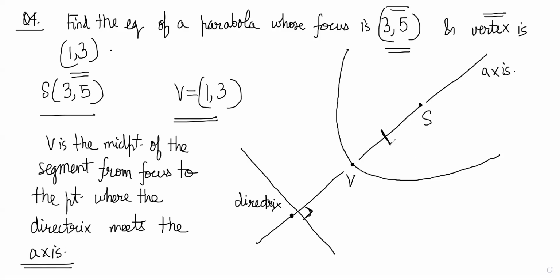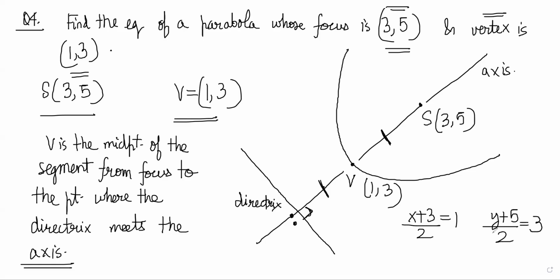We have seen this before, that this distance is equal to this distance. So since I know this is 3, 5, and I know this is 1, 3, I can find this third point, right? I can say that this unknown point is x plus 3/2 is 1, y plus 5/2 is 3. I'm using the fact that this x comma y and 3, 5's midpoint is 1, 3. So from here we can say x is equal to -1 and y is equal to +1. So this point is -1, 1, right?